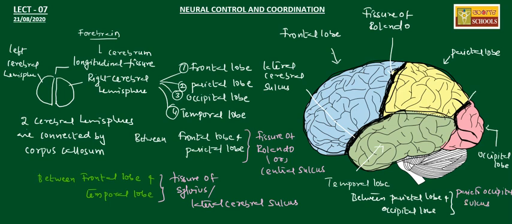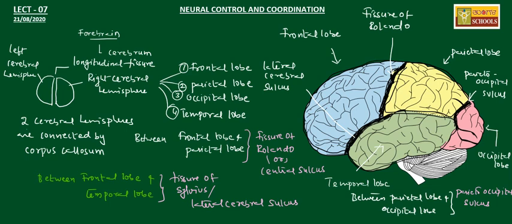So this is the parieto-occipital sulcus. Right. And the cerebrum remains separate from the cerebellum.